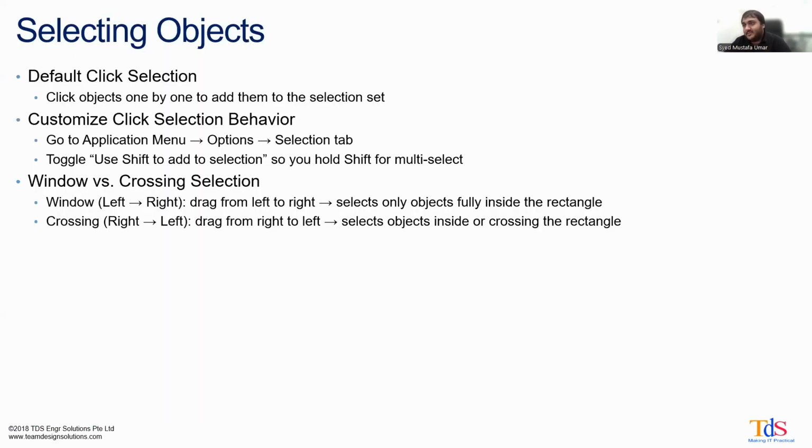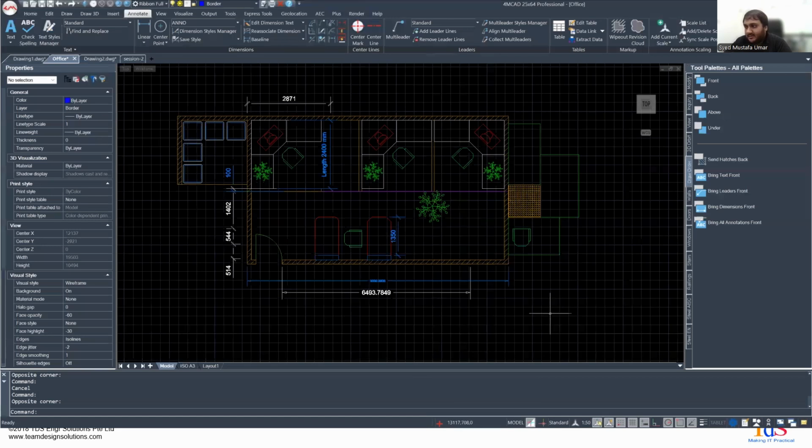So what is the difference? Well, there's two types. I'll call them window and crossing. By window, I mean everything that is entirely encompassed within the window, and then crossing is something where even if it's partly touching our rectangle, it will still be considered as part of the selection. So what I mean by that is, for example, we have this window over here.